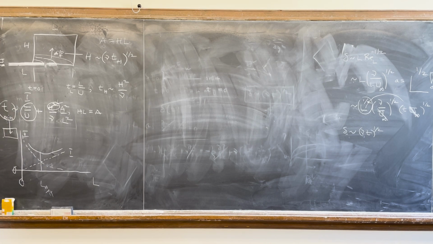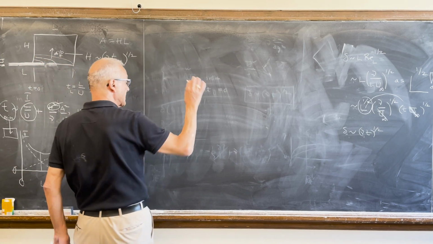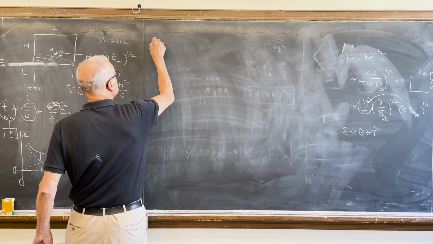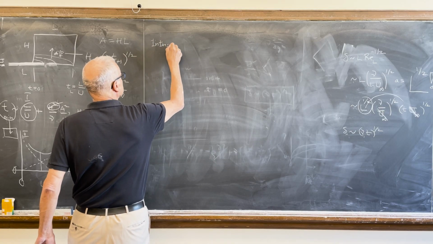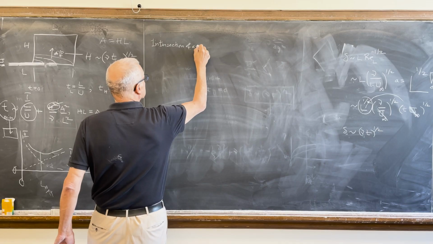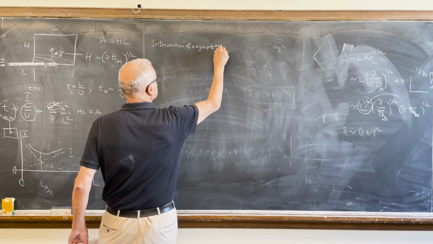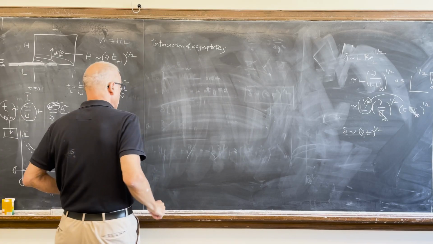And here you encounter a method that's used a lot in the textbook called the intersection of asymptotes, which is a self-standing idea. Much more general than this example.